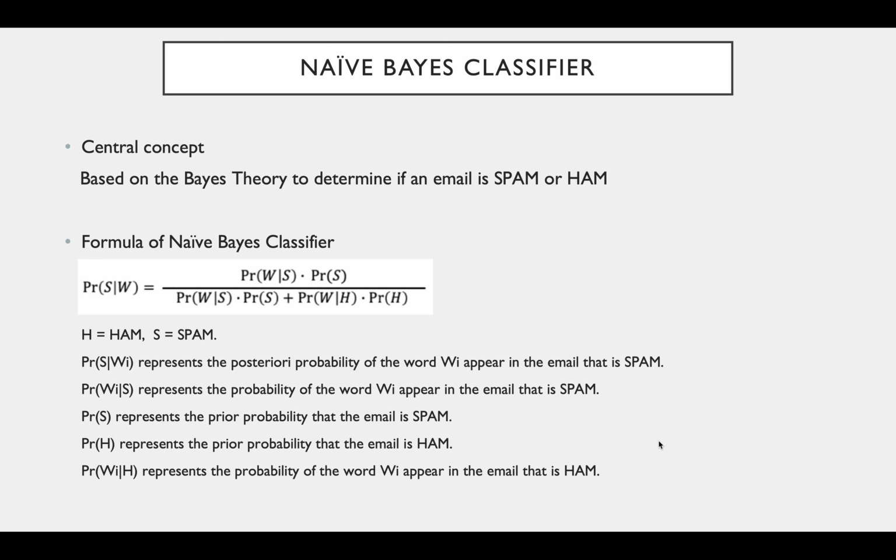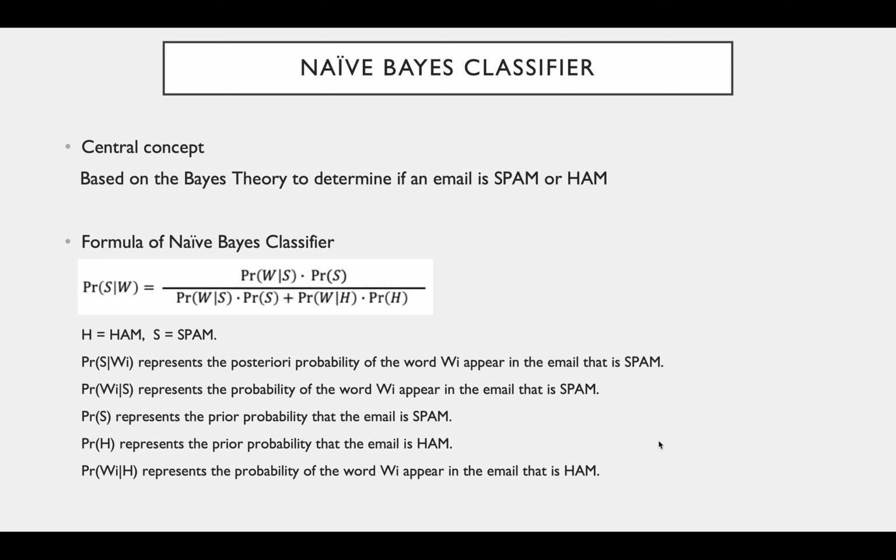On the left-hand side of the formula is the conditional probability of S given that Wi occurred. So in order to calculate this value, we have to calculate all the values on the right-hand side.